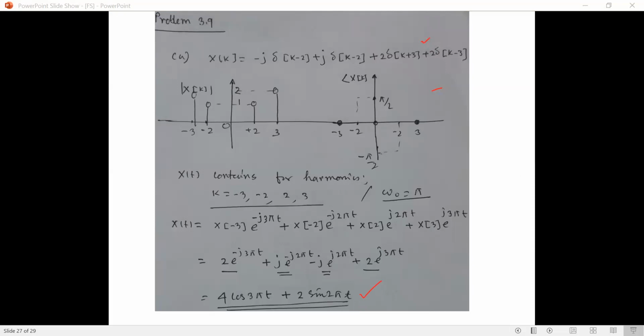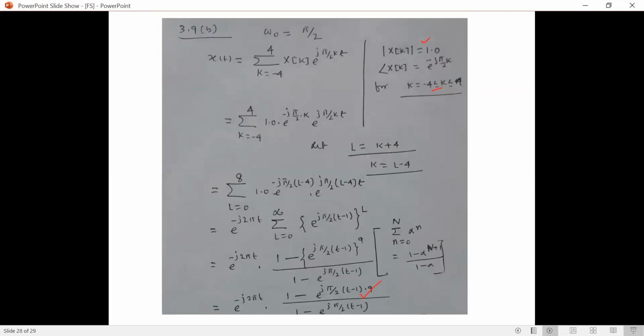Now, another problem. Okay, it is also from your book, problem 3.9b. In your 3.9b, you will see that the value of your Xk is given in the form of a figure with their phase angle.